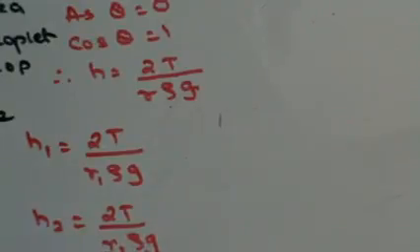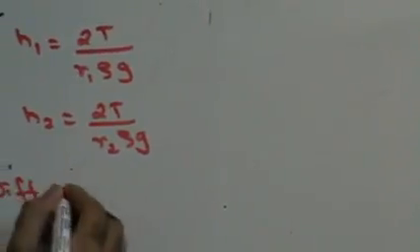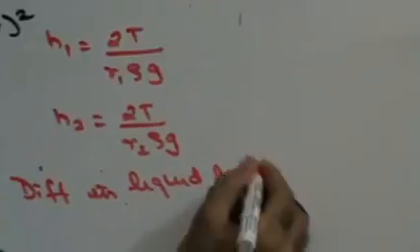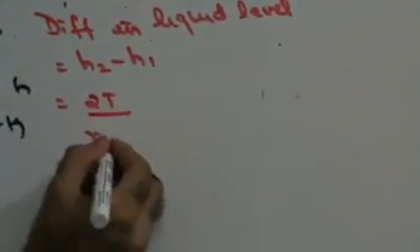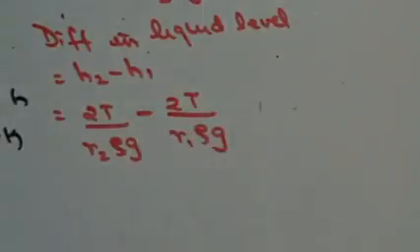Now they've asked you to find out the difference in the liquid levels, right? So the difference in liquid levels is going to be h2 minus h1. This is nothing but 2T upon r2 rho g minus 2T upon r1 rho g, right?